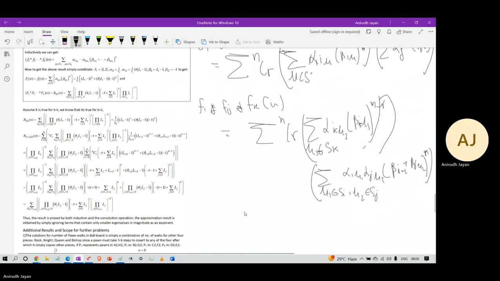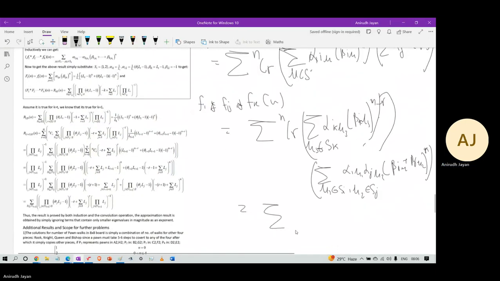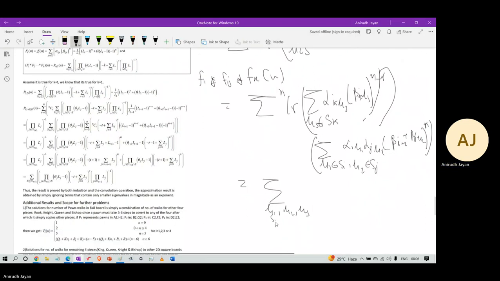So this will again be sum over mu1, mu2, mu3 belonging to Si, Sj, Sk respectively, of alpha i, alpha j, alpha k with the mu's, with beta i, beta j, beta k respectively.